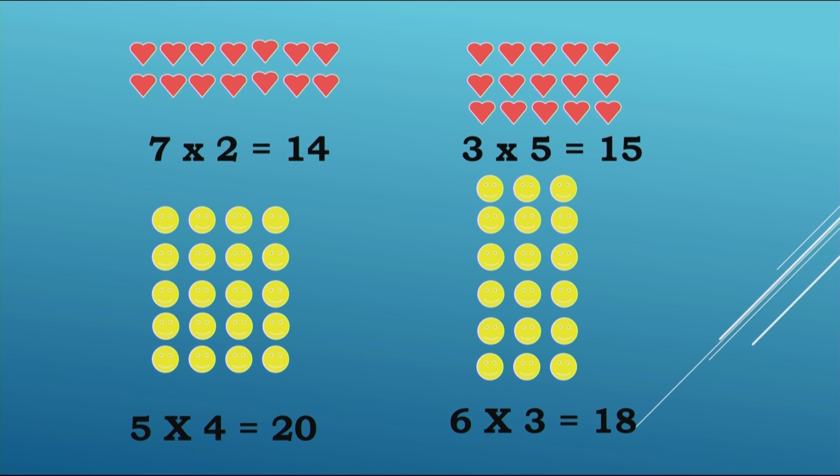Now, you see how it's been set. 7 multiplied by 2 equals 14. 3 multiplied by 5 equals 15. 5 multiplied by 4 equals 20. And 6 multiplied by 3 equals 18.